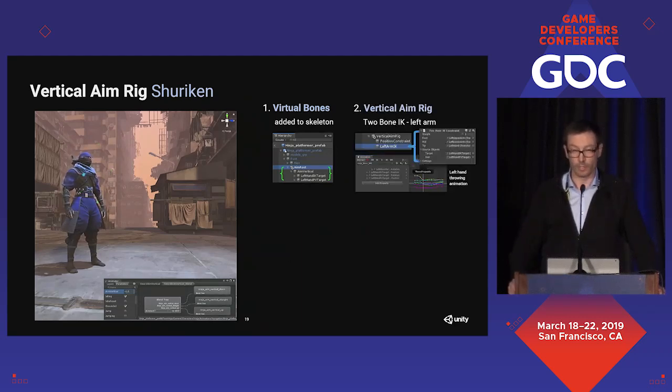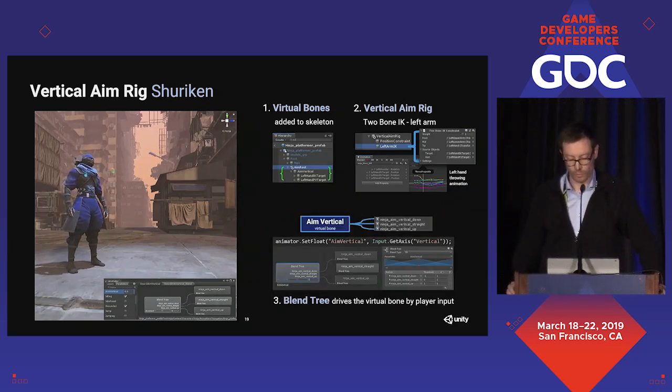Next, I added a 2-bone IK constraint to control the left arm. I set the virtual bones as the IK targets, and I animated them in a new clip where he throws the knife. I have an animation event that gets fired right when the projectile needs to be spawned. This animation clip is set up as a replacement layer in the animator state machine.